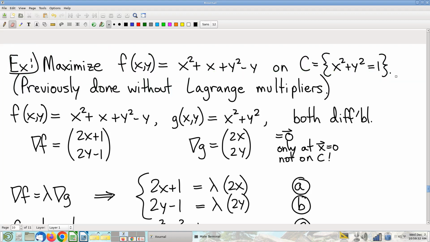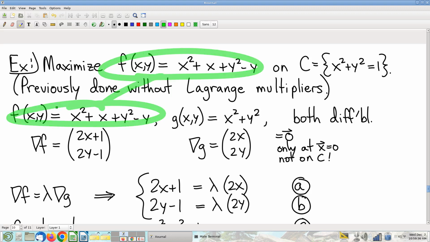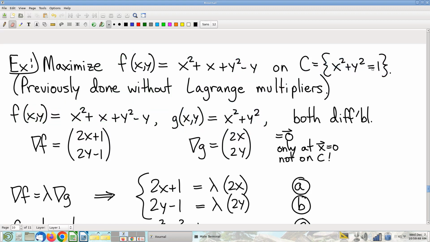And so notice this is what we're trying to maximize. This is our constraint function, because again, that's the function that we're looking at a level set of. And let's see here. First of all, both differentiable. Again, easy money. Don't leave that on the table. Get those points, right?